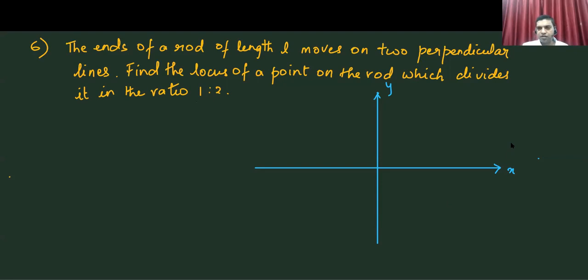All right. Now see this. Let the rod be of length L and it moves on two perpendicular lines. So assume the perpendicular lines to be the x-axis and y-axis. We need the locus of the point on the rod which divides it in the ratio 1:2.